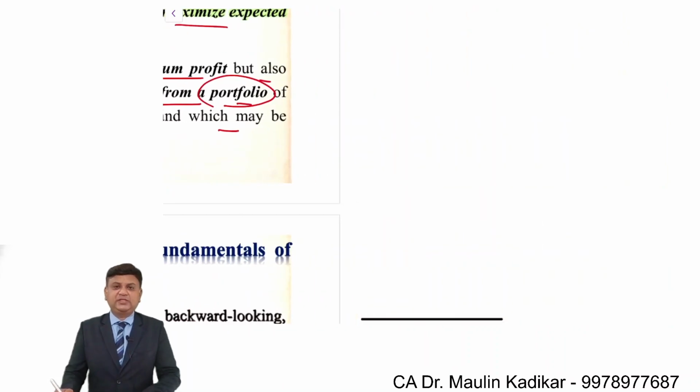Dear students, in our chapter on portfolio management, you might have completed that chapter or you are still going to understand it in the coming time. We have certain measures like the Sharpe ratio. Sharpe ratio is calculated as X bar minus RF divided by standard deviation.